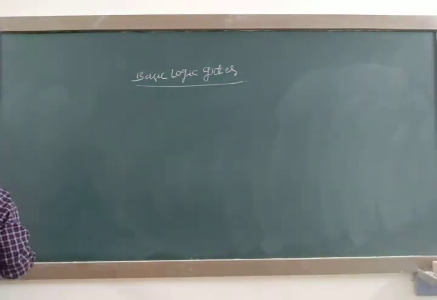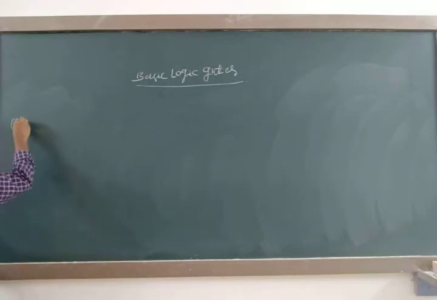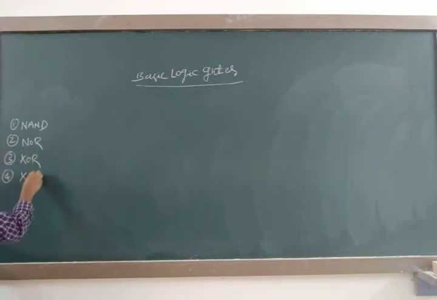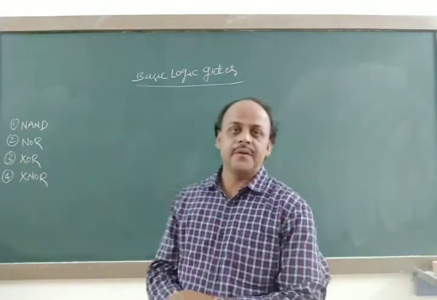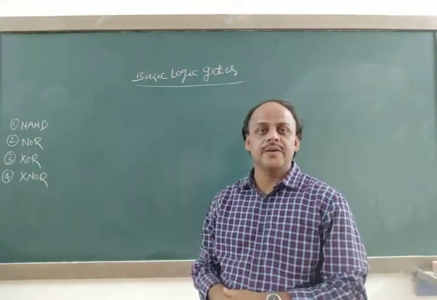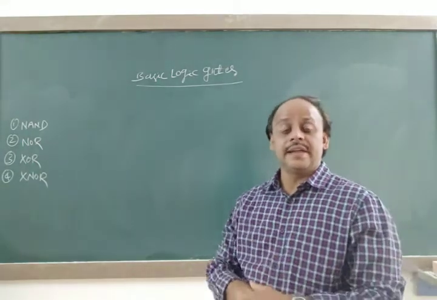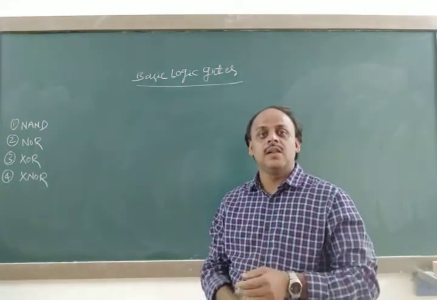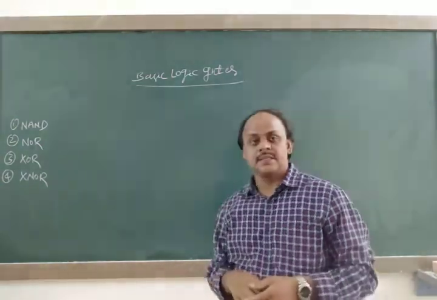For example, NAND gate, NOR gate, XOR gate, XNOR gate. These 4 are called derived gates, because to construct these gates we are going to take the help of basic gates. Gates which are constructed with the help of basic gates like AND or NOT are called derived gates.